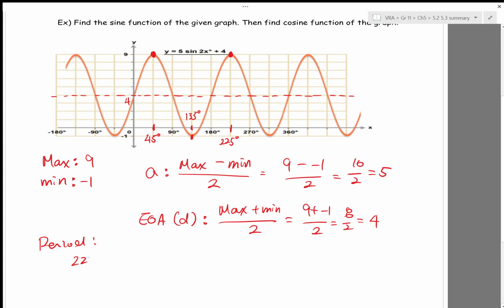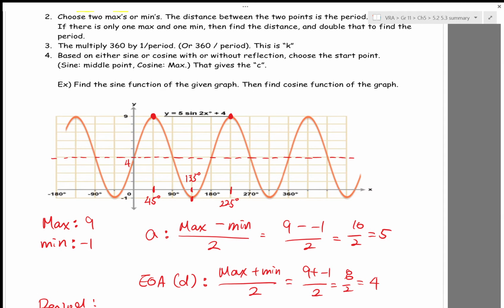So the period is 225 degrees minus 45 degrees, and that gives me 180 degrees as the period, okay? Now, you may ask me, can I simply just choose the middle ones? Yes, you can do that, but time to time that can be somewhat ambiguous because the point is not landing or crossing the corner of the grid, okay?